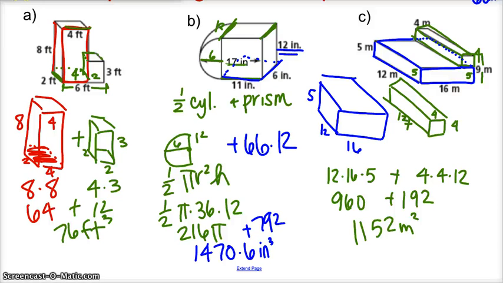Other options could have been, let's see, how else can this figure be split? Other students might have found this part and then added it to this one and done this whole side one. Think about it going kind of all the way down and back.